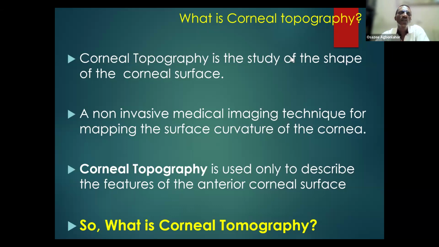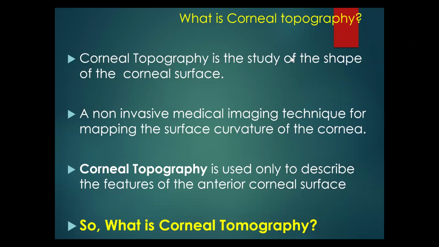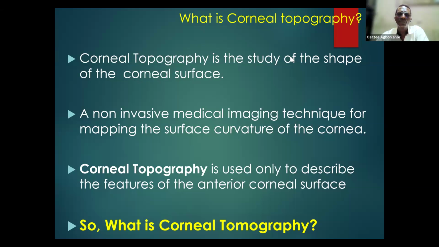Just like we hear OCT, optical coherence tomography, the word tomography doesn't just look at the surface only. It gives you both anterior surface and posterior surface information. That's why you hear of a tomogram.